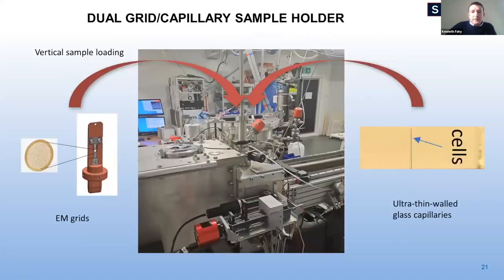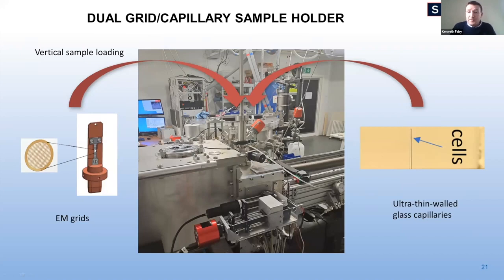Another thing we're doing here is developing a dual grid and capillary sample holder facility. As I said earlier, we are currently accepting standard EM grids. We are now developing the ability to accept cells loaded in ultra-thin walled glass capillaries. This approach would be most suitable for cells in suspension, but could be used potentially for adherent cells as well.